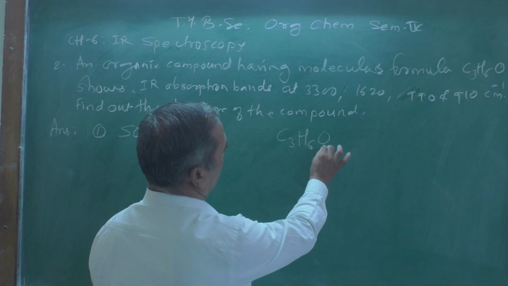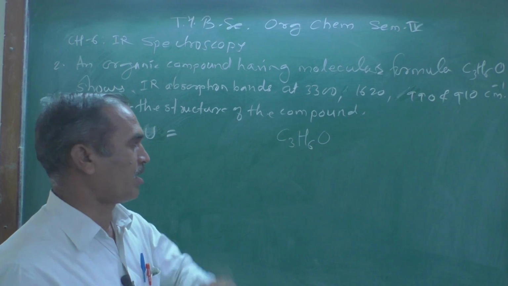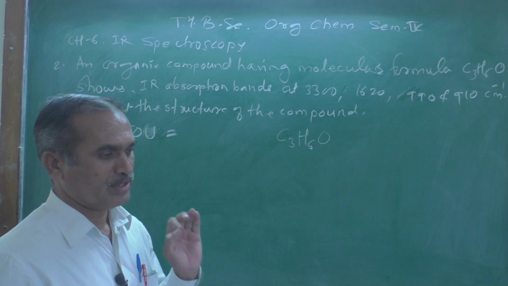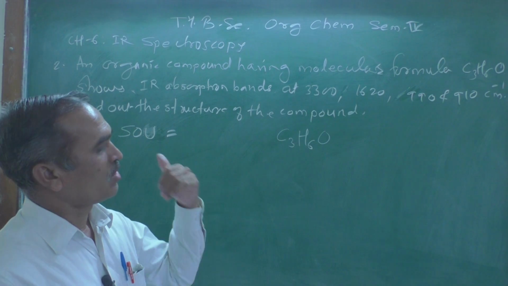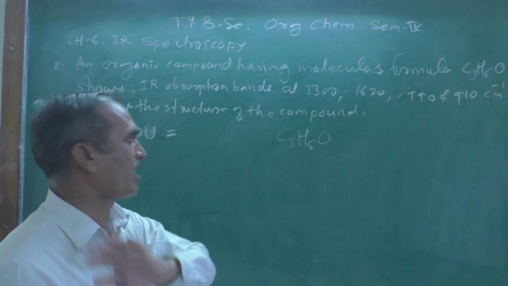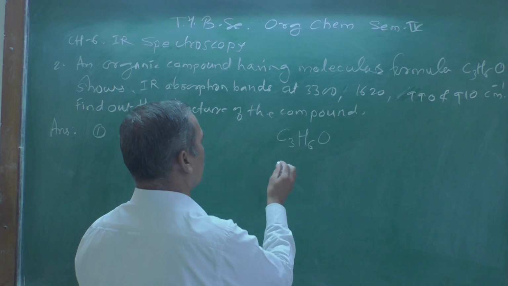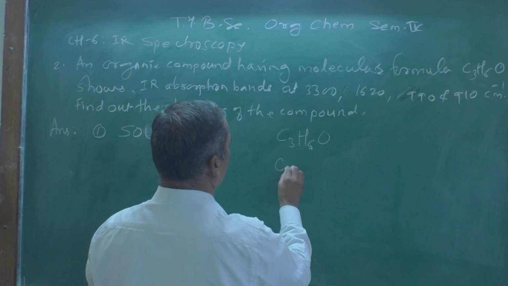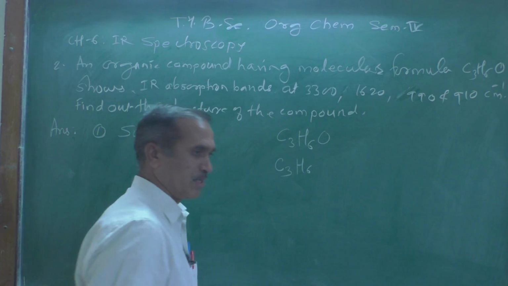Let's see here, the molecular formula containing an oxygen atom. According to the first method, we can neglect the oxygen atom. After neglecting the oxygen atom, what remains there?